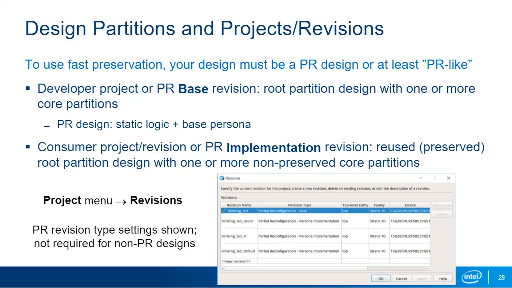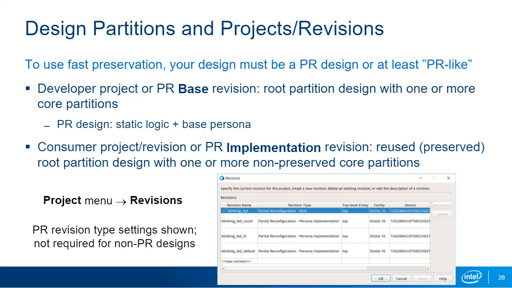If it's not a PR design, you start with what's referred to as a developer project. Similar to a PR base revision, you create the periphery design and define core partitions in the developer project. However, you don't need to include any PR-specific requirements, such as the region controller IP or freeze logic.